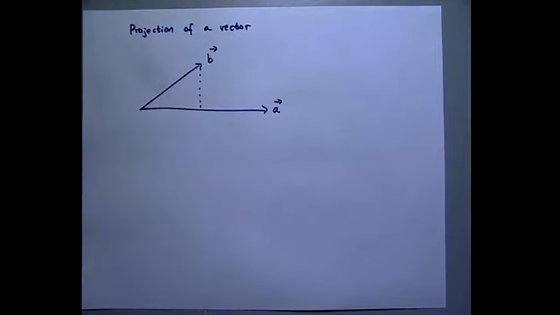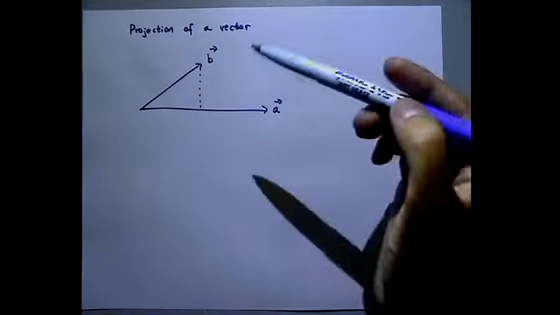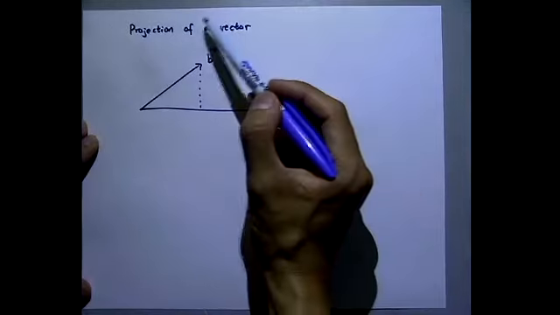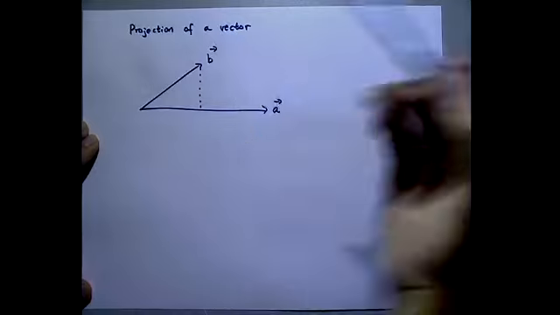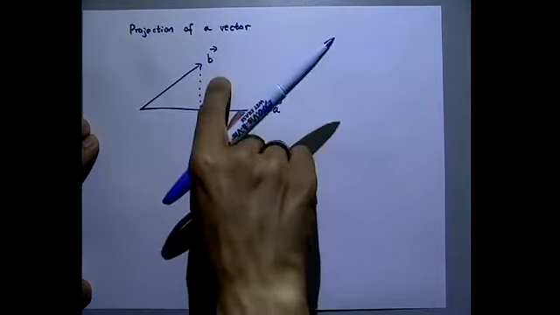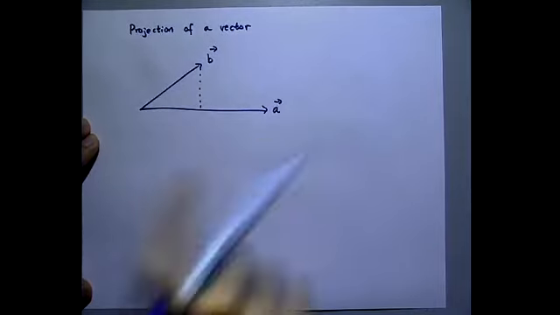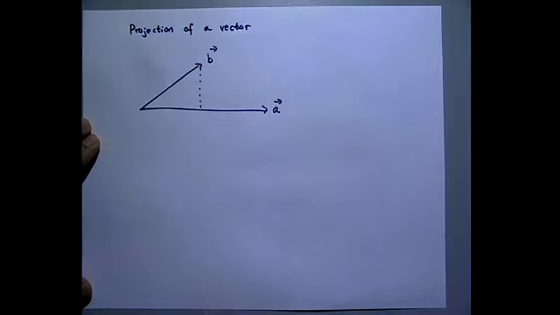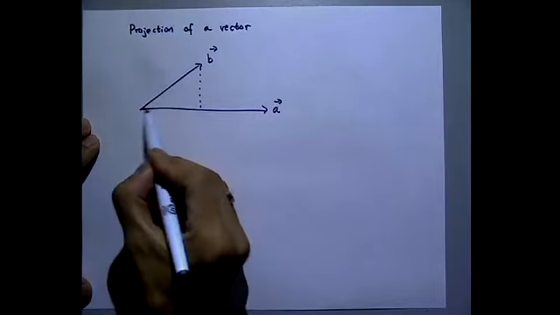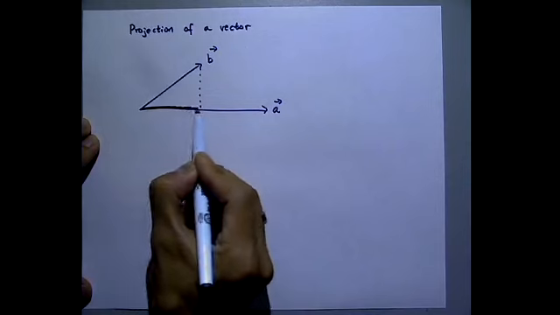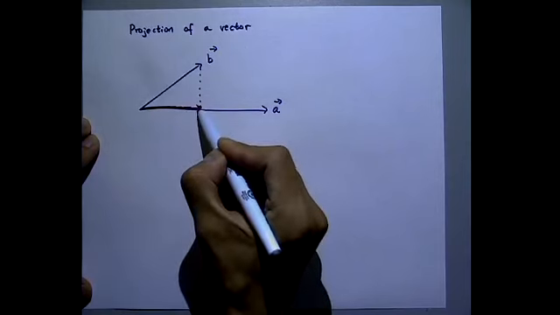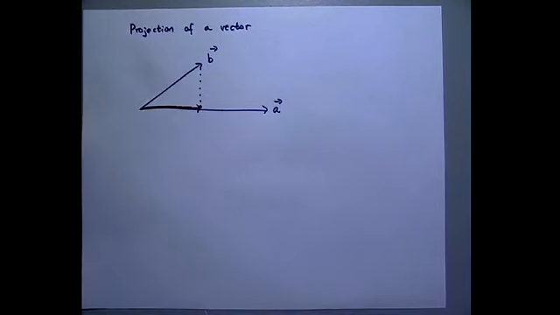If you think in terms of shadow, if the sun is directly overhead, then the shadow cast by the vector B onto A will look like this. That red vector is the shadow that will be cast by the vector B onto A.